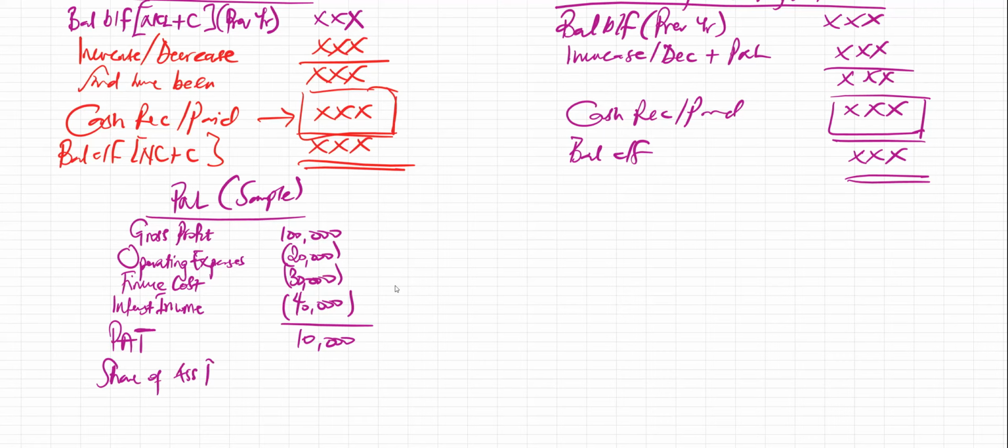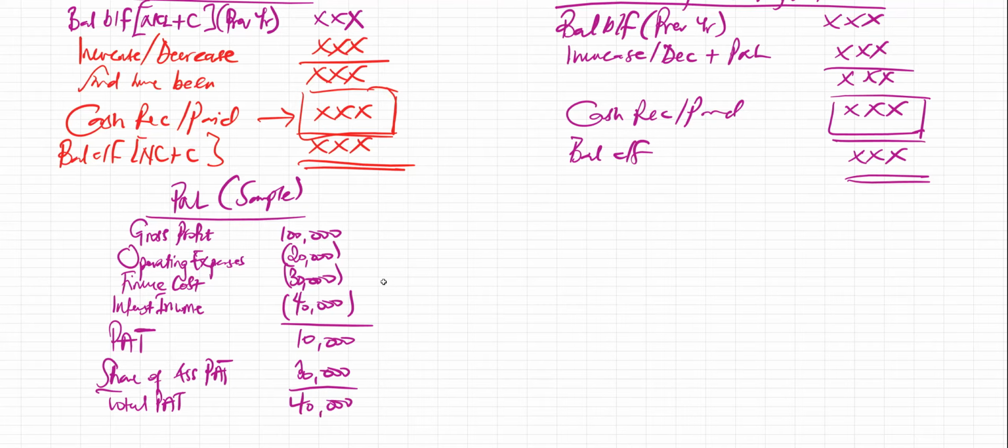Share of associate profit after tax, let's see, this is 30,000. Okay, so this is what we have. So total profit after tax, we have 40,000, right?